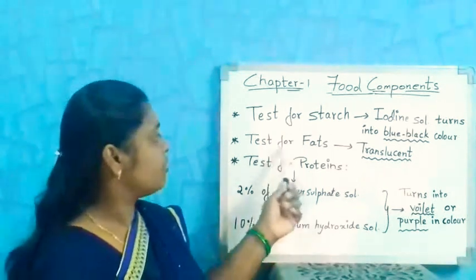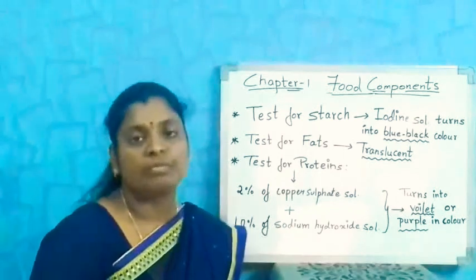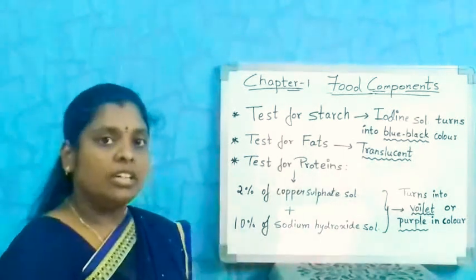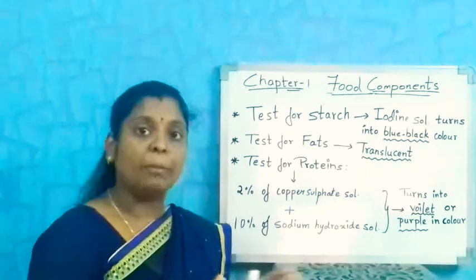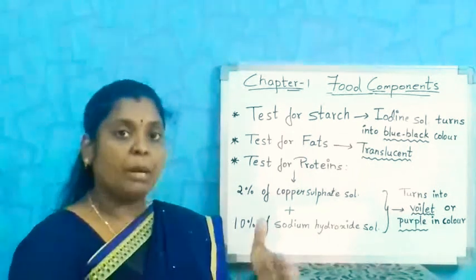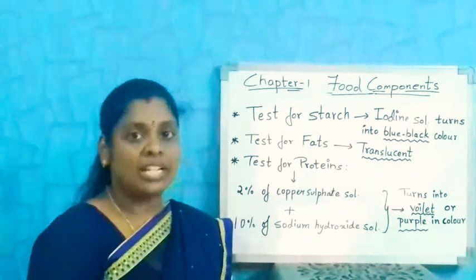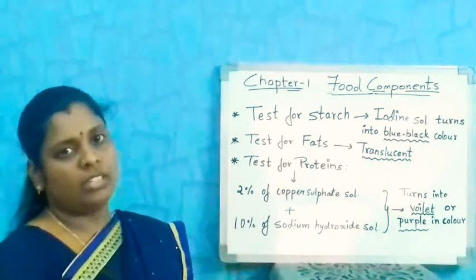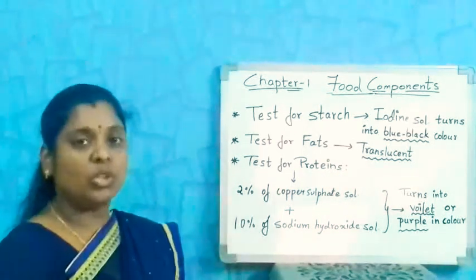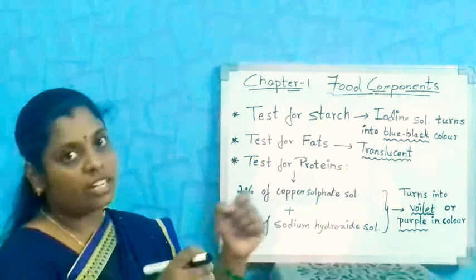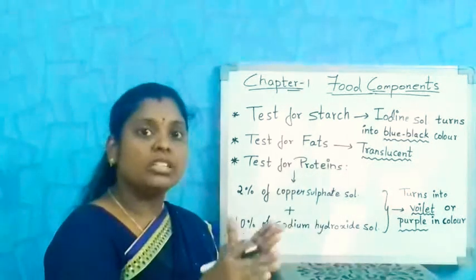Next, the test for fats. For that, we have to rub the food on paper. Then the paper turns translucent. You know, when you get outside food like puri, dosa, you can see the paper turns oily.